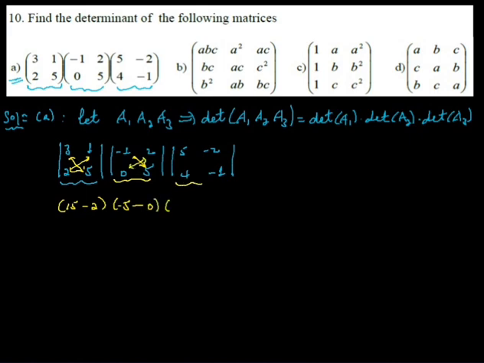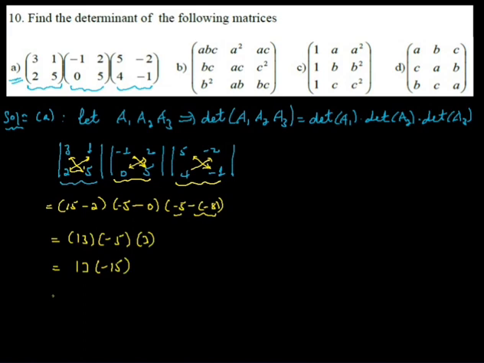Times the determinant of this part: -5 minus 4 times -2, which is -8, so -5 plus 8, which is 3. So this means 13 times -5 times 3, which is 13 times -15.